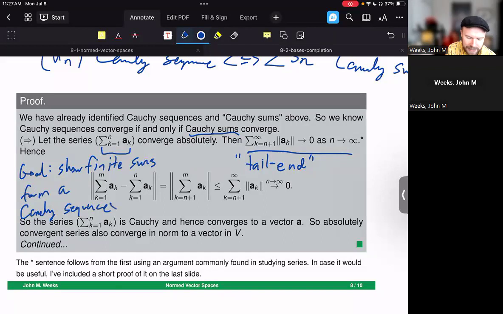And that's exactly what we end up showing right here, which is to say that anytime you are given finite sums, you can look at these two sums as canceling out terms, this one going from 1 to n, this one going from 1 to m. Then the difference, the sum as k goes from n plus 1 to m of a sub k, is what we're left with. Here I'm making an assumption that m is bigger than n, but without loss of generality, we could also switch the order here and have this be from m plus 1 to n as well.